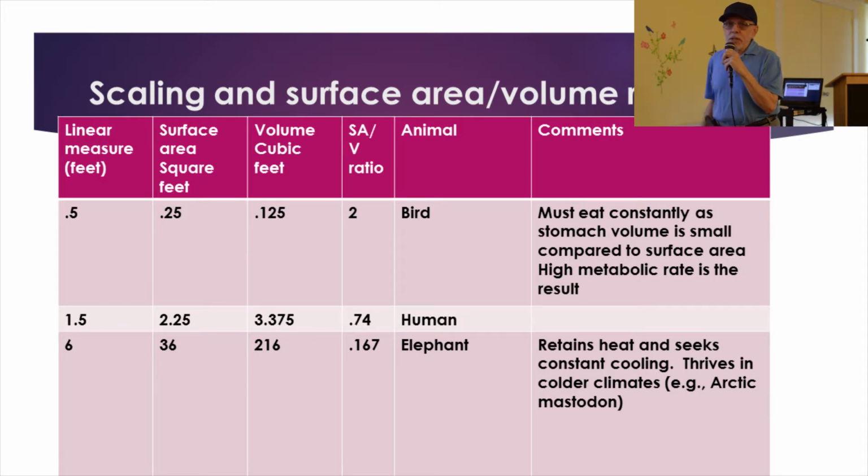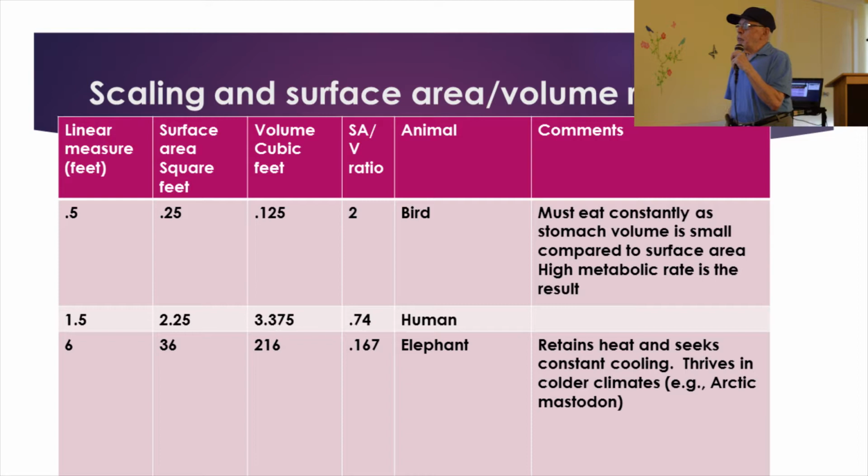For an elephant, with about a 6-foot linear measure, let's say, maybe that's too small, actually, but let's say it's 6. The surface area proportional to that squared is 36. The volume, however, is proportional to 6 cubed, which is 216.